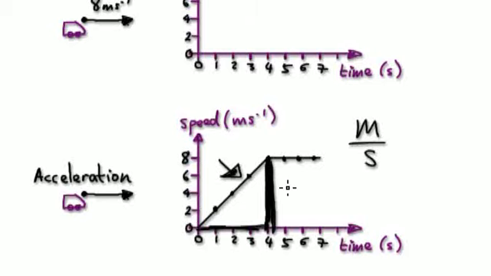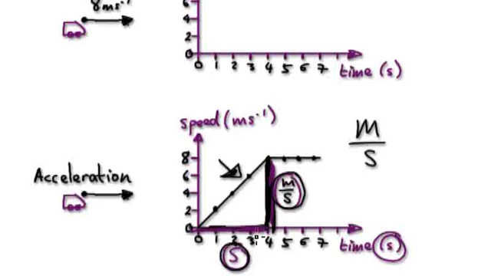So the up and down here is really meters over seconds. Okay, so now you've got to get the up and down divided by the across. The across here is actually in seconds. Okay, so in effect you would get this divided by this.